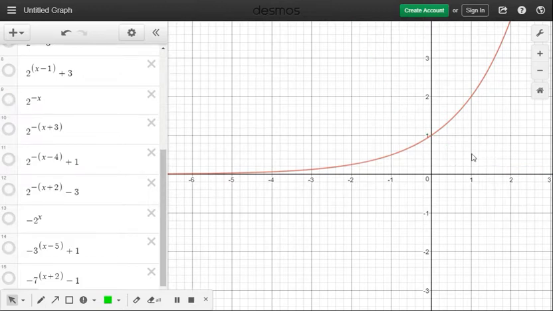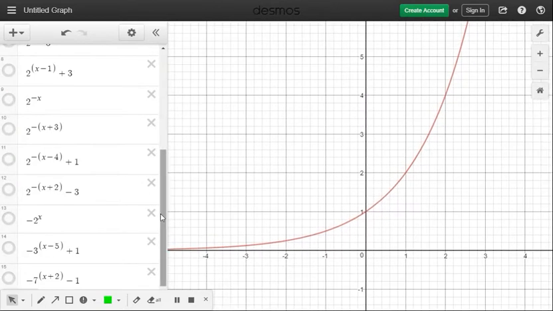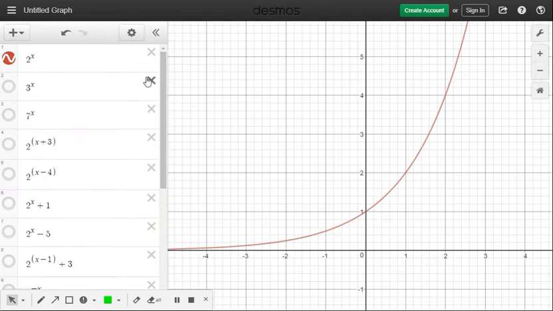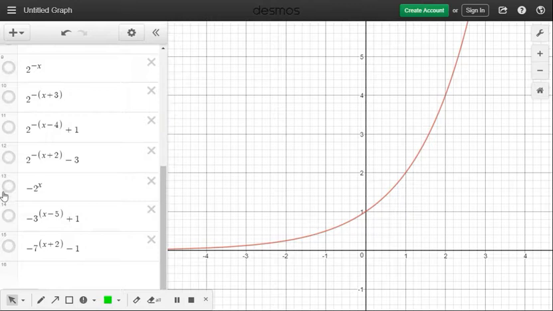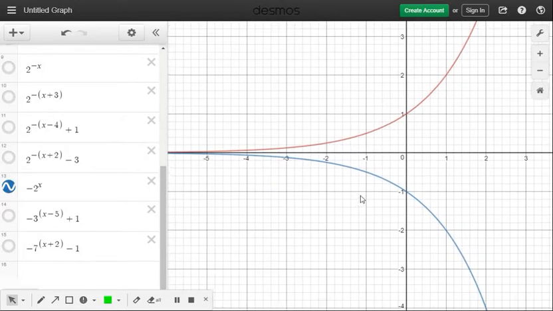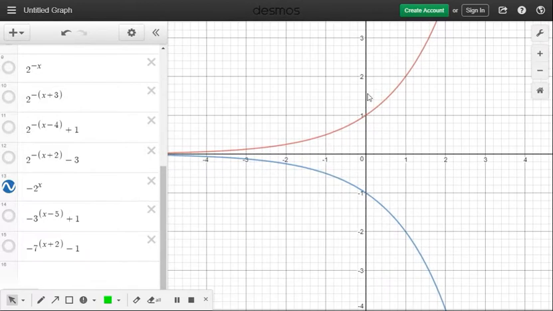All right, now, let's compare with the original function, 2 to the power of x. Now, if we were to look at the example, negative 2 to the power of x, what would be the difference? Well, it's a blue graph. And if I were to compare the red graph versus the blue graph, I see that it flipped.